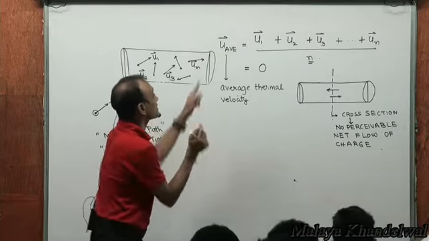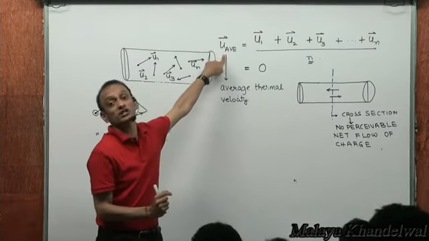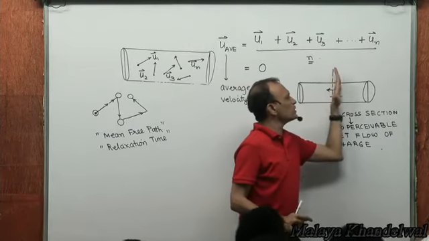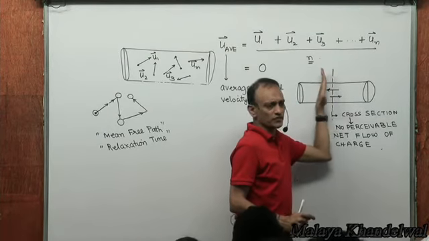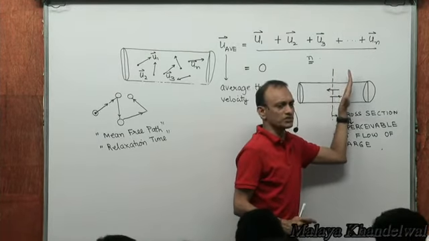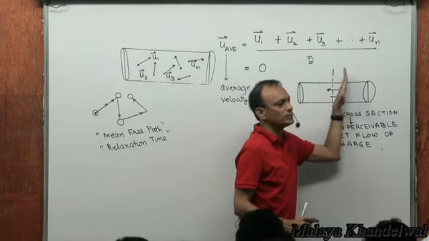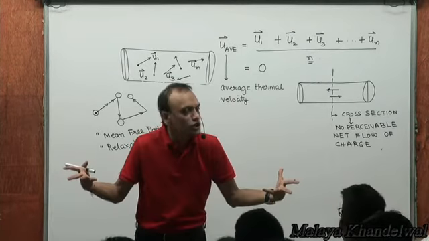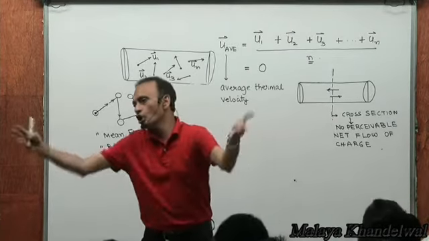The whole thing revolves around the average thermal velocity being 0. So, in a given time, the total number of electrons that would have crossed this cross section in this direction will be equal to the number that would have crossed over in the opposite direction, causing the cross section to behave like there is no net flow of charge across it. Yes or no?